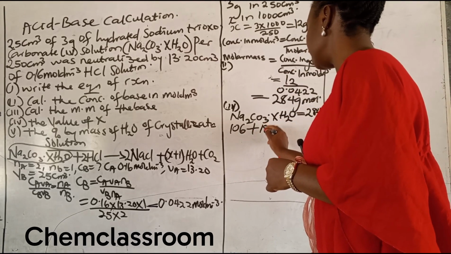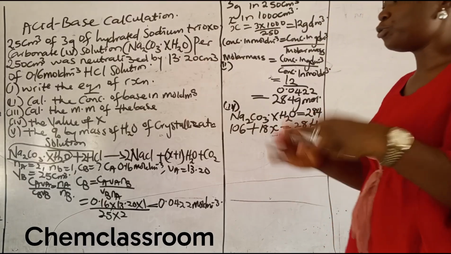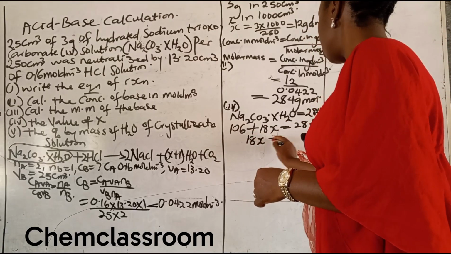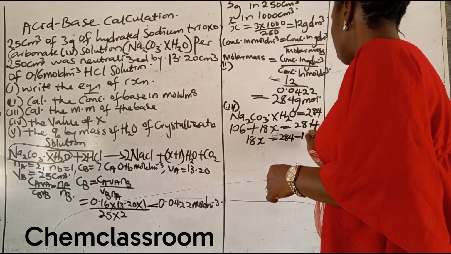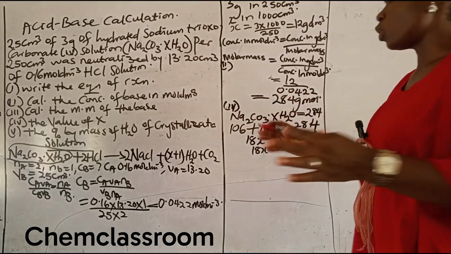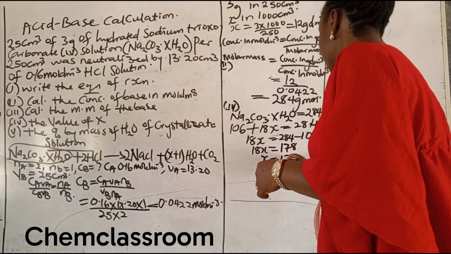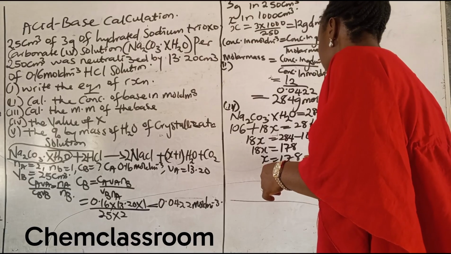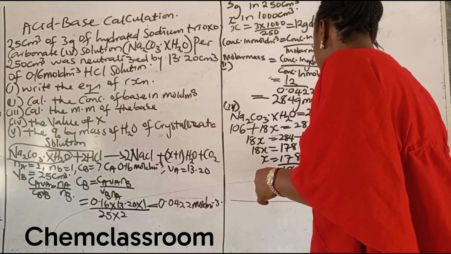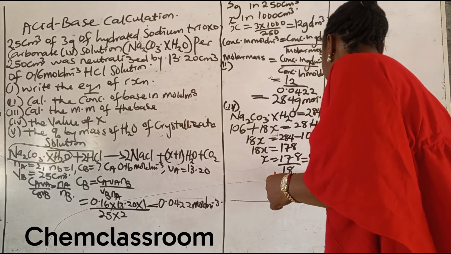So I'm going to have plus 18x equals 284. It's just simple mathematics that we are trying to do here. So I'm going to have 18x equals 284 minus 106. So here 18x is expected to give us 178. Then my x will now be 178 divided by 18, and is expected to give me 9.89. So I can approximate that, of course, to 10.